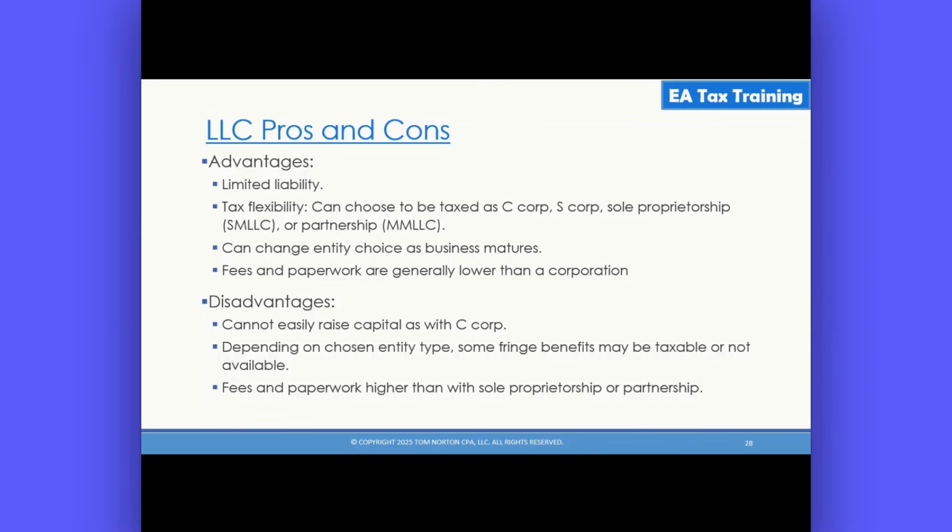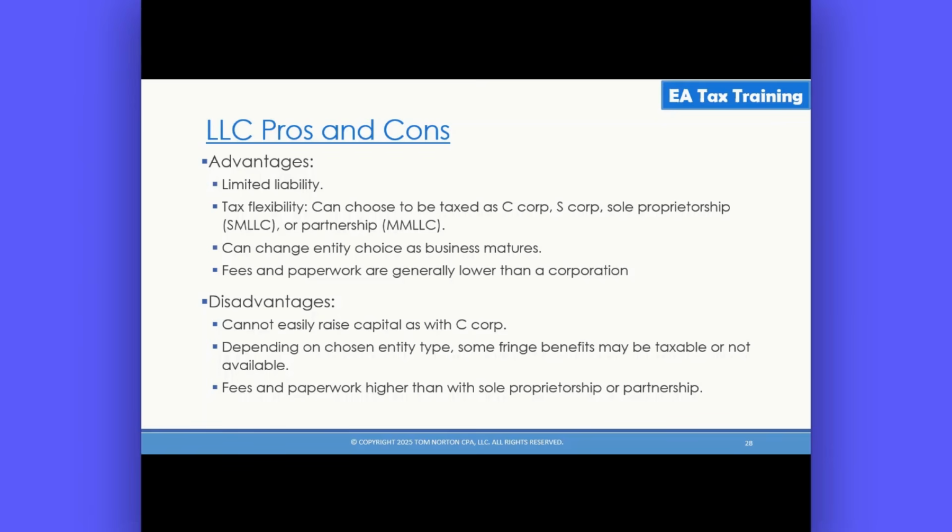So you can start out, for instance, let's say you're a single member LLC, you can start out being taxed just as a sole proprietorship. And then once the business is going, gets a little bigger, you might decide, you know what, it's better to be taxed as an S Corp. So then you can elect to be taxed as an S Corp at that time. And then the fees and the paperwork are going to be less than you have with a corporation. So that makes it a lot easier.